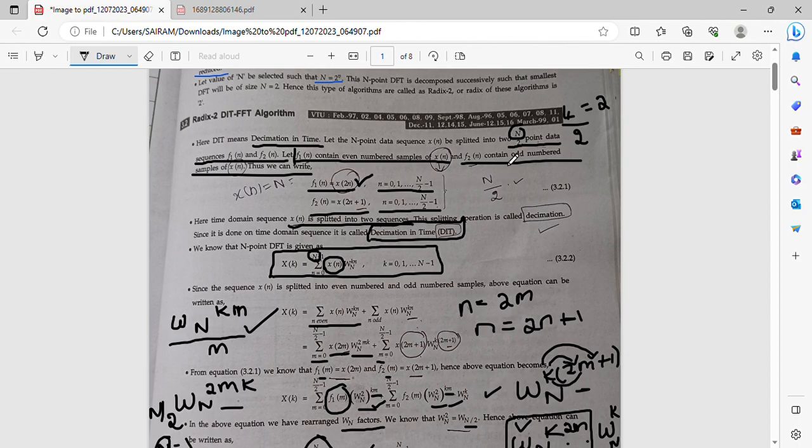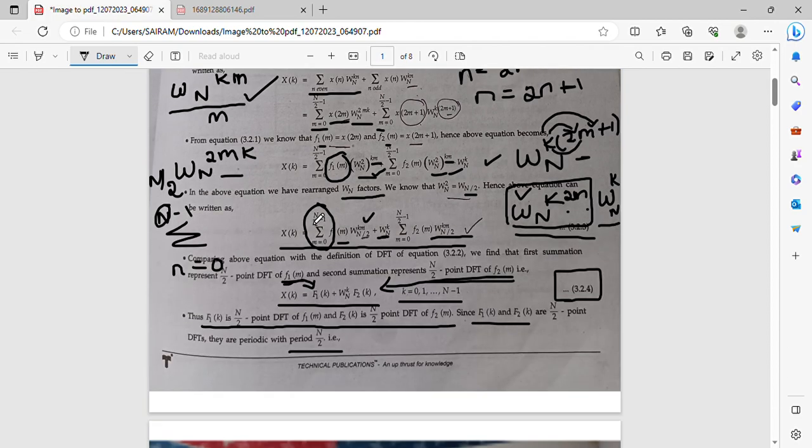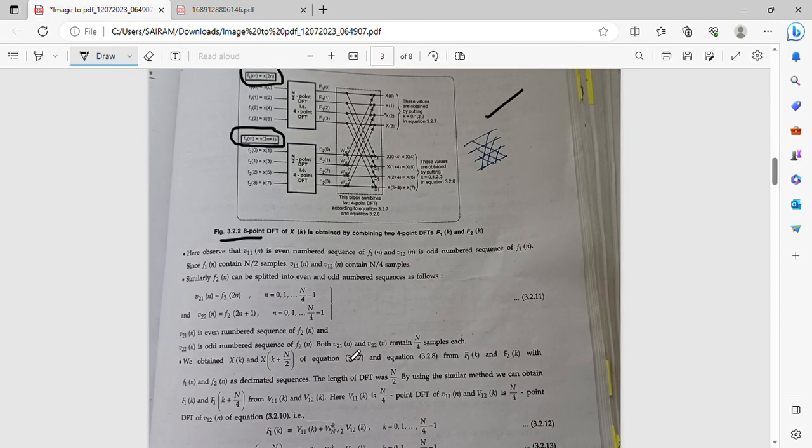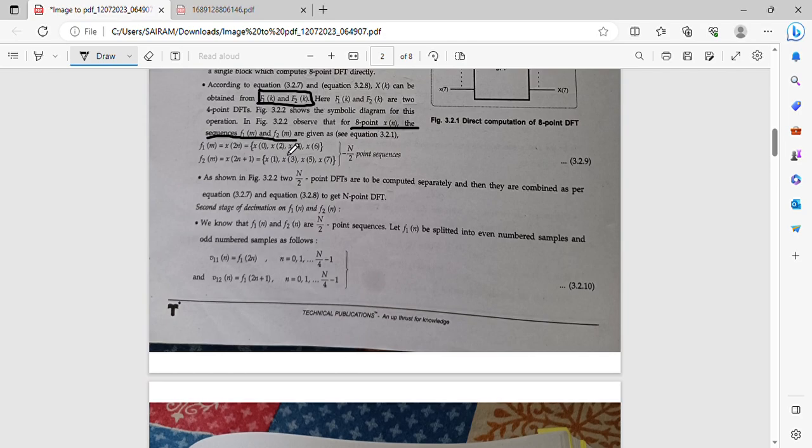The 8-point data sequence is split into two n by 2 data sequences, that is, two 4-point data sequences. That is F1 of n and F2 of n, which is this F1 of m and F2 of m given here.